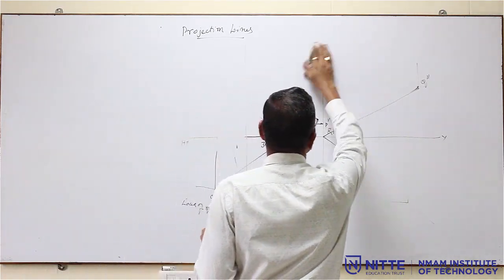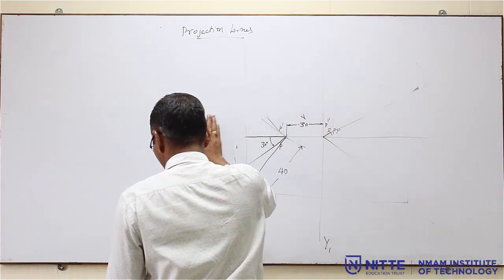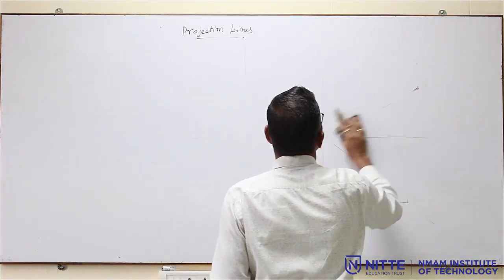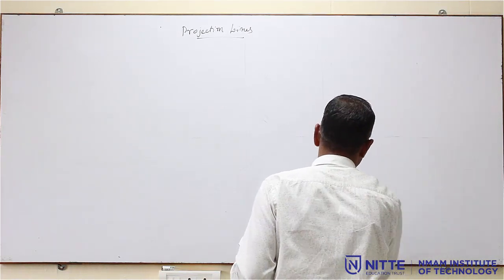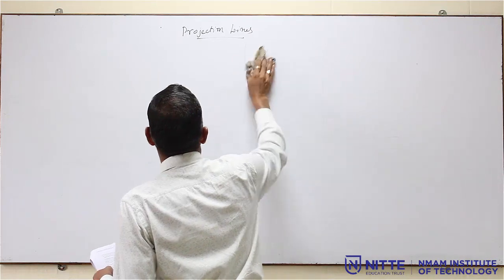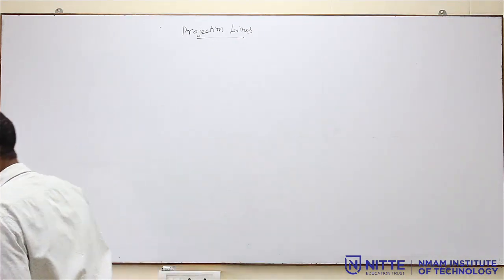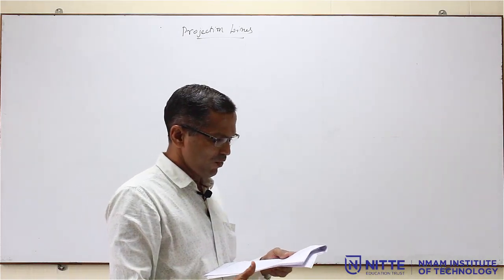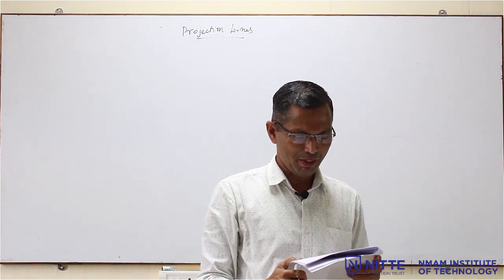Then we will move to the next problem. Problem number 3. The top view of a line PQ 80 mm long measures 60 mm.